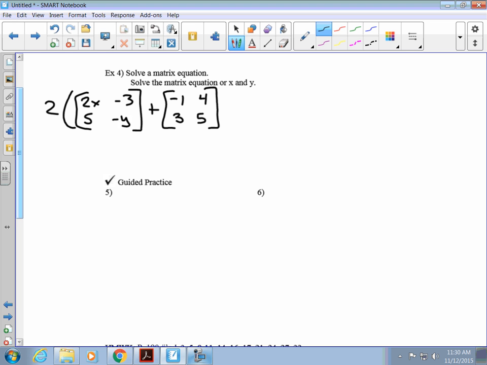We want to solve for x and y. We want to find out what those values are. And it's going to equal the matrix 10, 2, 16, 14.